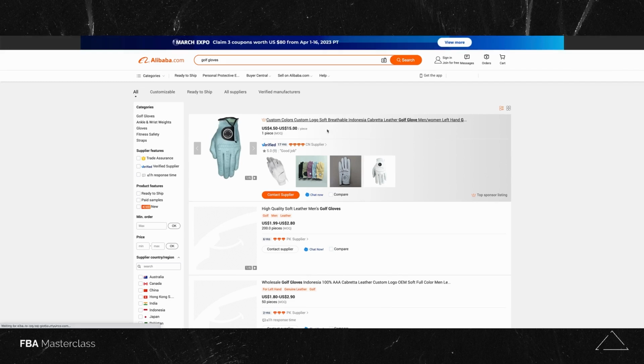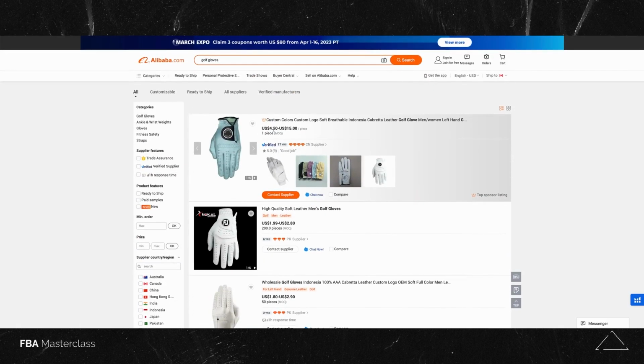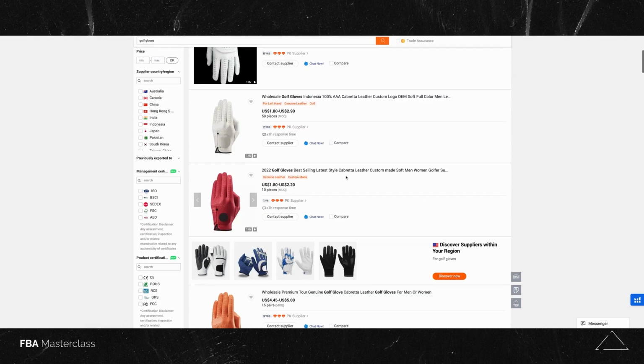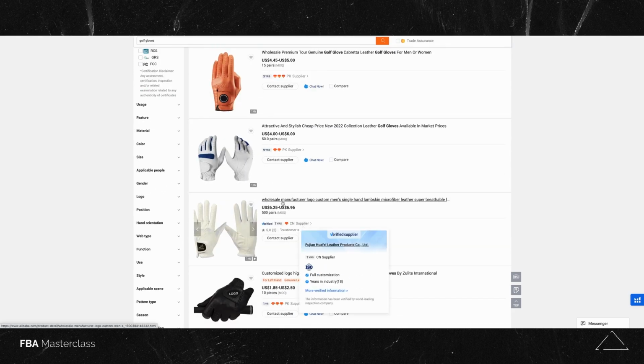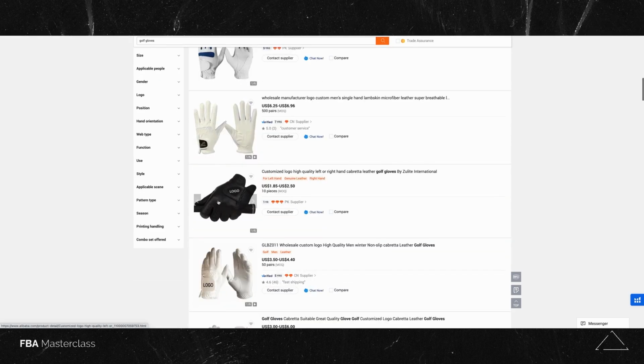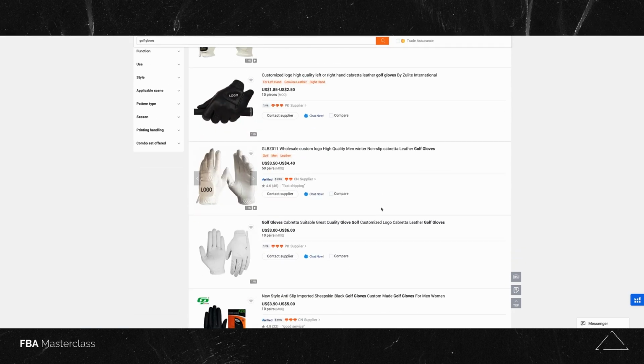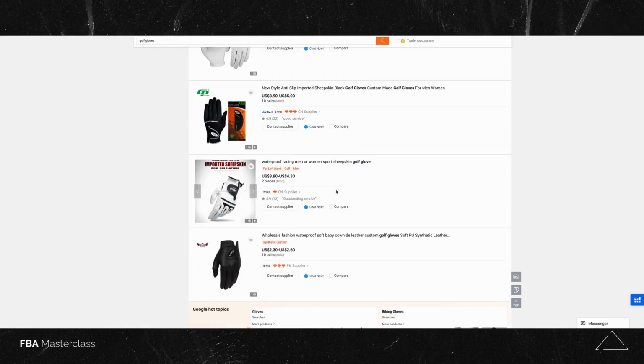And over here, we get to see the range for these golf gloves, right? Some are $4, some are $15, some are $2, some are $1.80. You can definitely negotiate. Some are $6, but at least this gives you a very rough number of what this could possibly be.